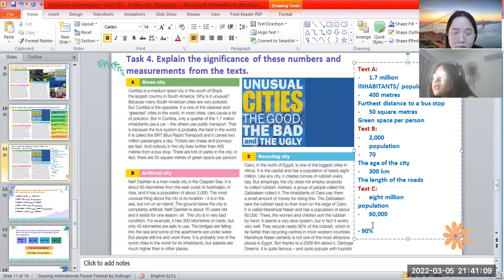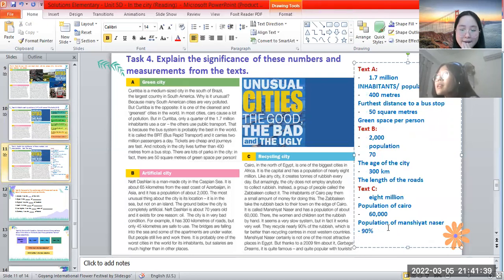About the population. Yes, a population. So here we have to say population of Cairo. And this is population of Masjid Nasser. Long name.